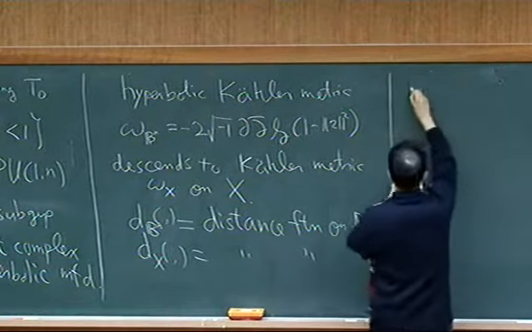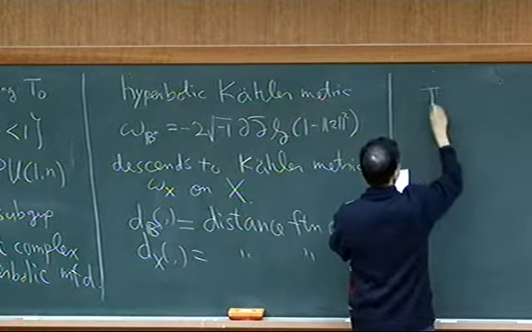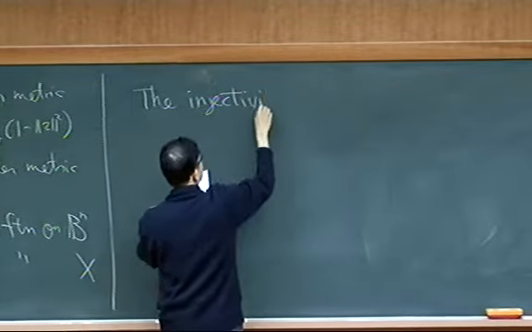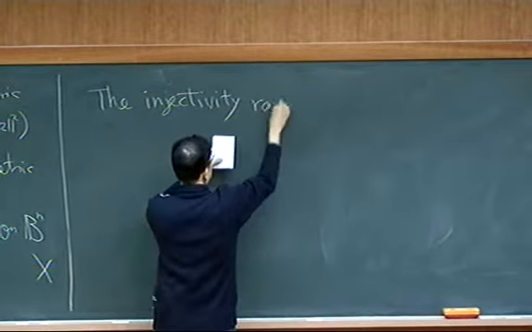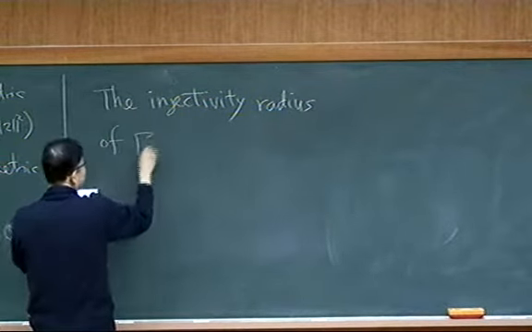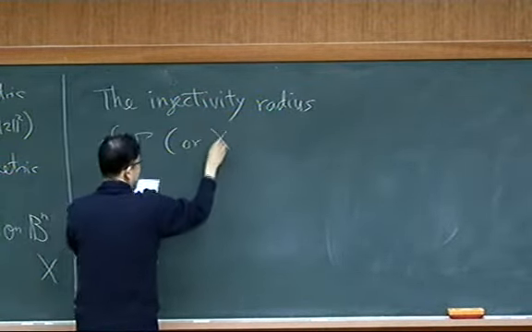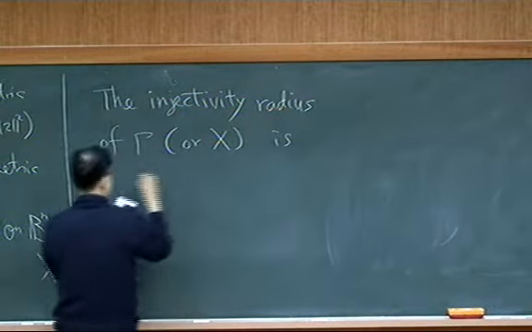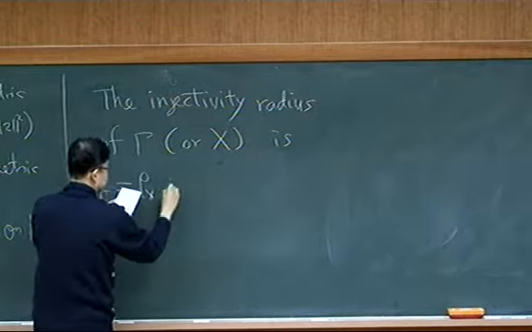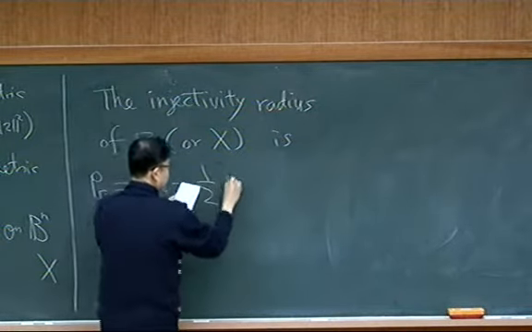The injectivity radius of gamma, or sometimes of X, is defined as half of the minimum.